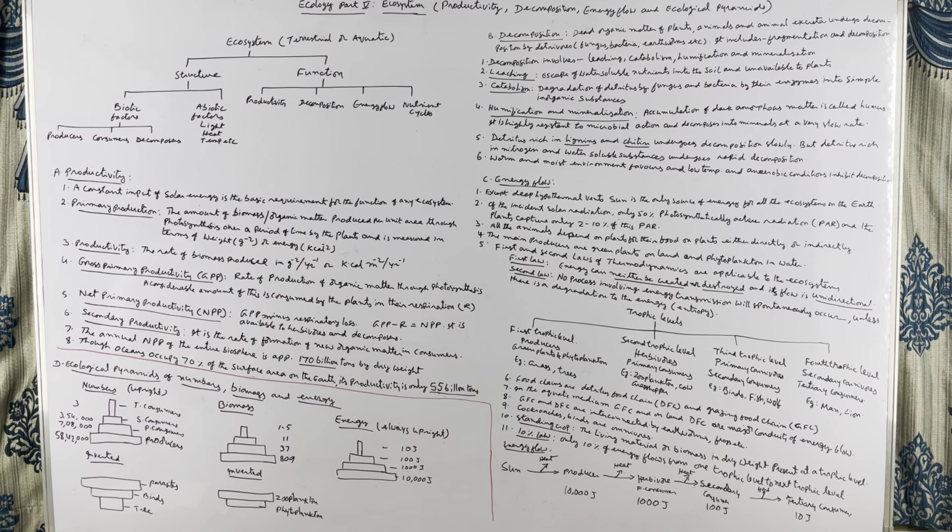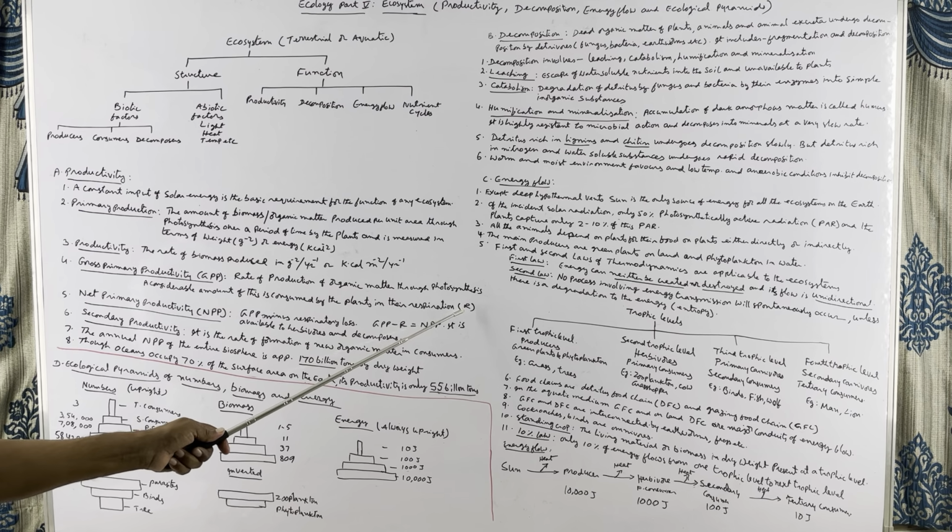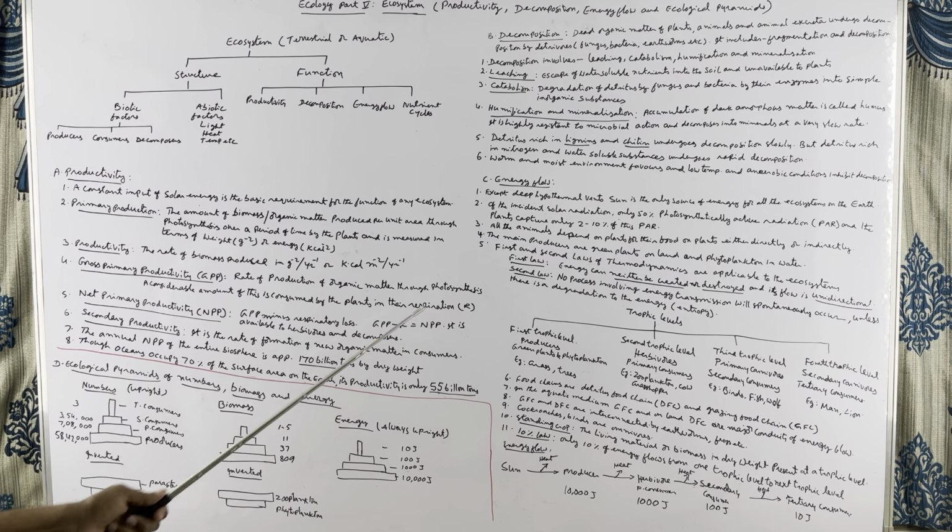Here we have to remember one point. The organic matter produced through photosynthesis is also consumed by the plants. Much of the energy stored in the plants is lost in the form of respiration. So, plants lose energy mainly through respiration. This respiratory loss is represented by the letter capital R.